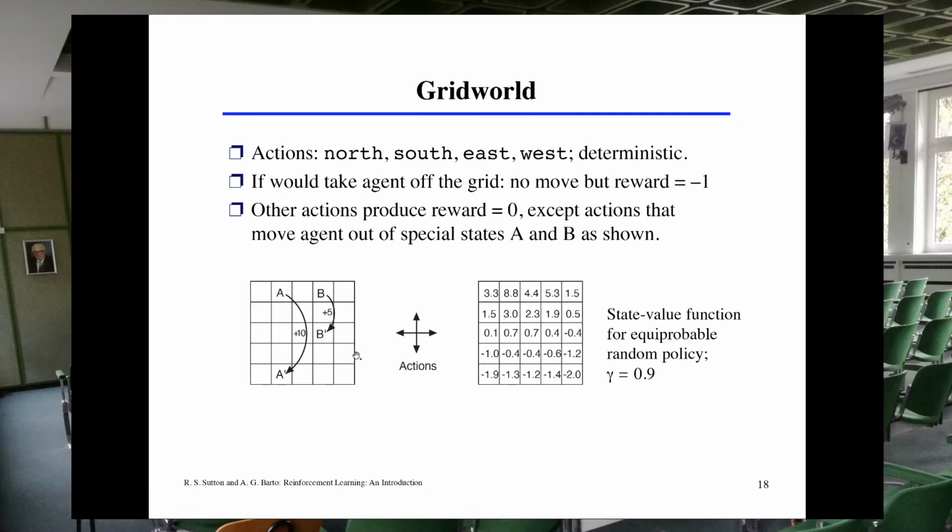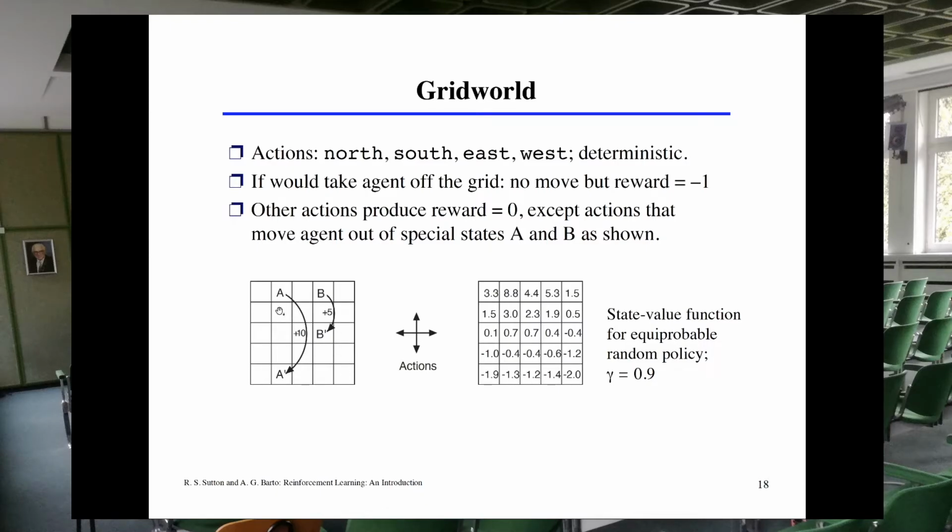It's like if there were a wall here and the agent just hits the wall and remains in the same state, but it will receive a reward of -1 because that's not a good action. Other actions produce reward 0. So every movement will receive a reward of 0, except when you move into a wall and when you go out of states A and B.